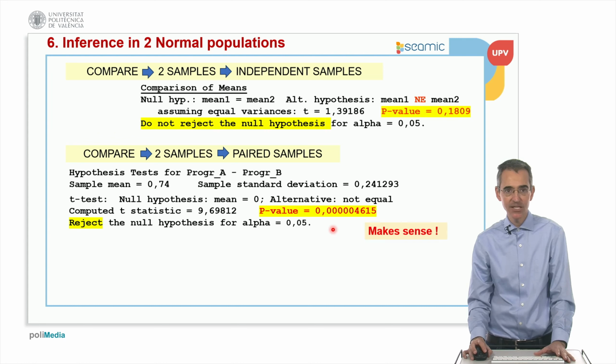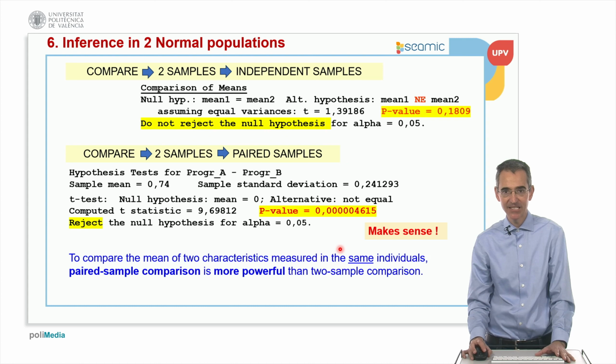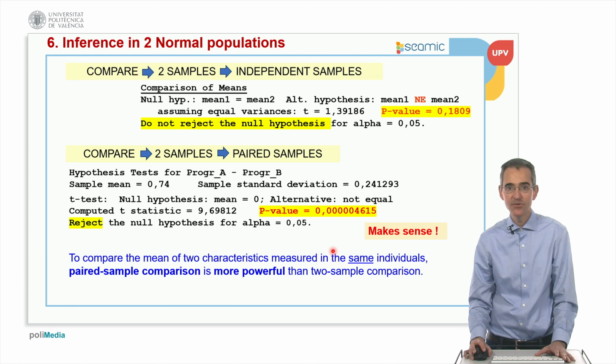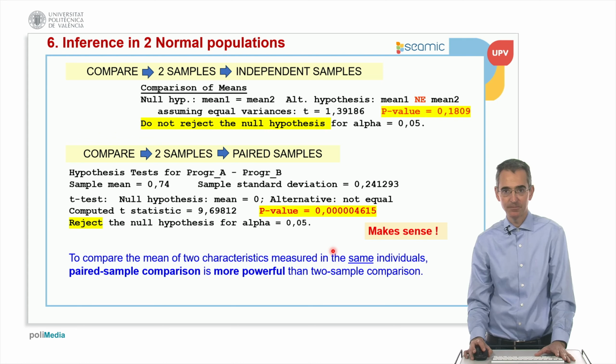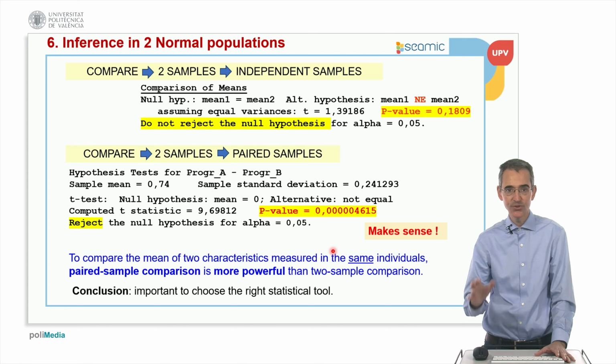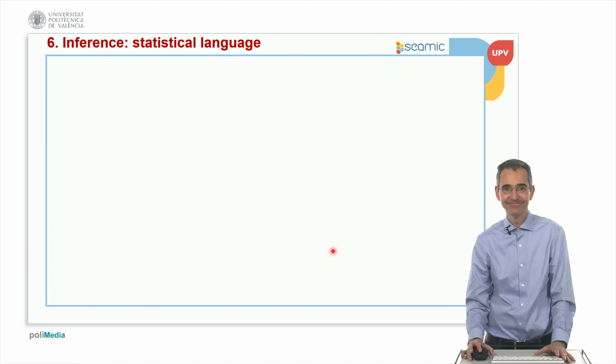So the real conclusion is that we can reject the null hypothesis, which makes sense according to the discussion in the previous slide. To compare the mean of two characteristics measured in the same individuals, the paired sample comparison is more powerful than the two sample comparison. The conclusion is that it's very important to choose the right statistical method for every specific type of data.